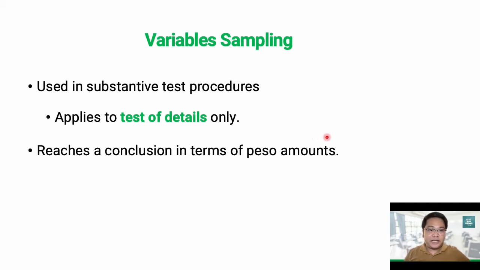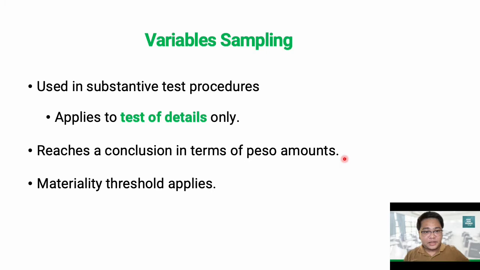In variable sampling, we reach conclusion in terms of peso amount instead of rate of occurrence. Remember, in attribute sampling, we reach our conclusion in terms of rate of occurrence. Here, we reach a conclusion in terms of peso amount. And finally, materiality threshold applies. The amount of materiality that we have set in our previous discussion applies here in variable sampling.